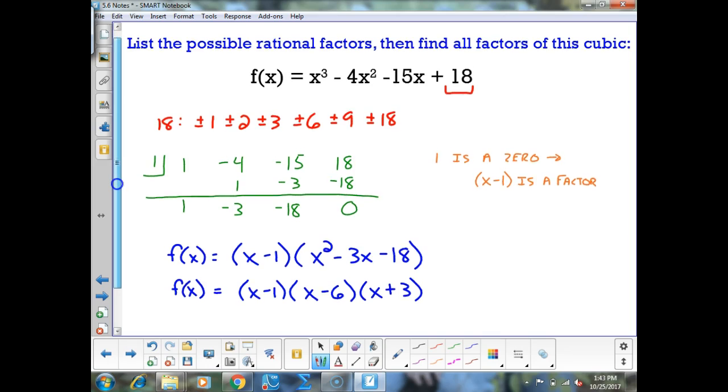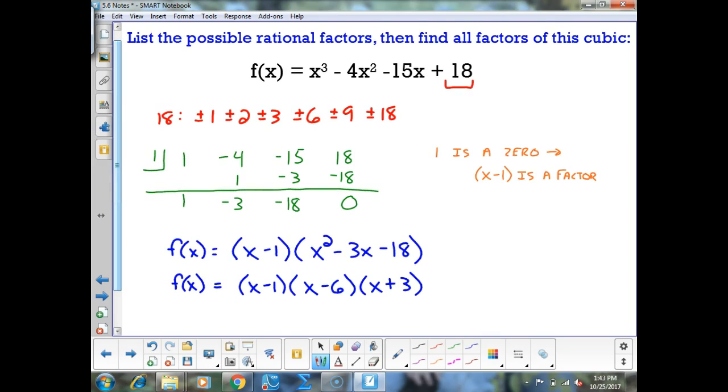And that's my answers? Why not, Cheyenne? That's what we did. Yeah, we said x minus 1 equals 0, and then x plus 6 equals 0, and x plus 3 equals 0, and so we got positive 1, positive 6, and negative 3.